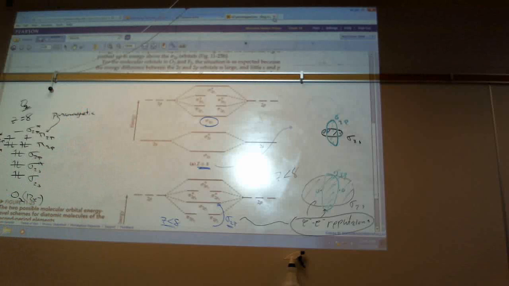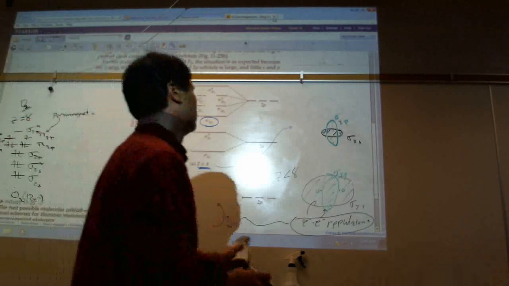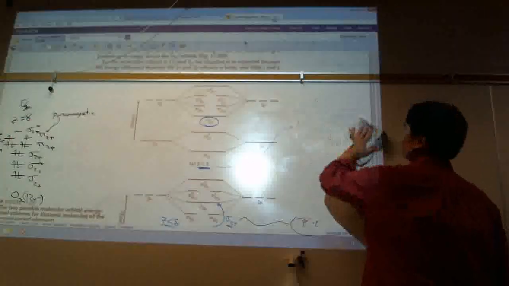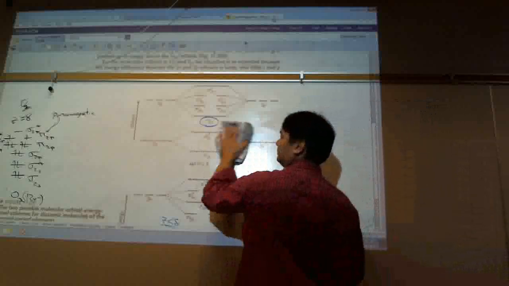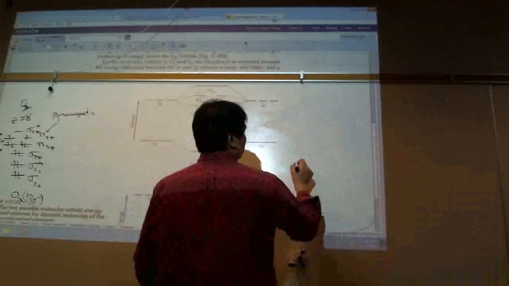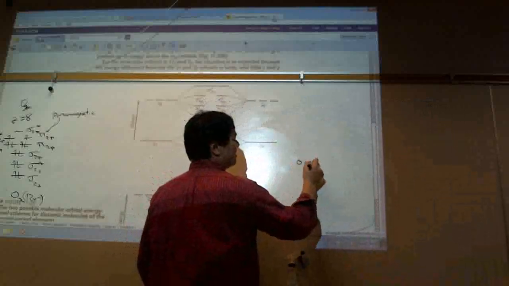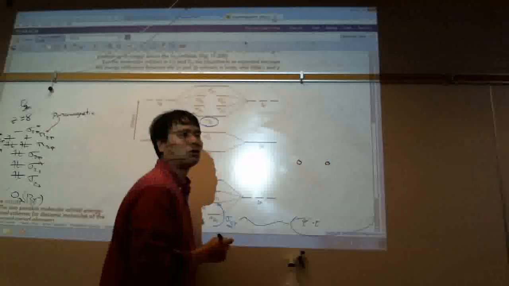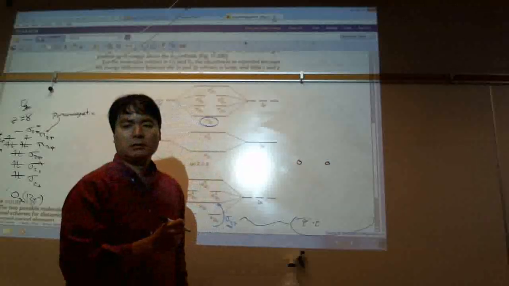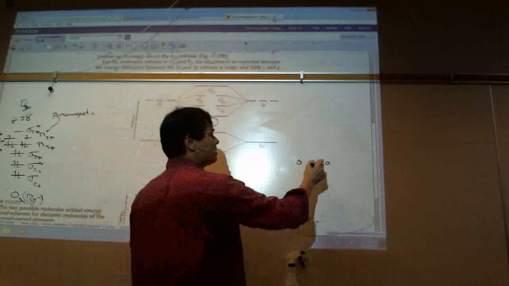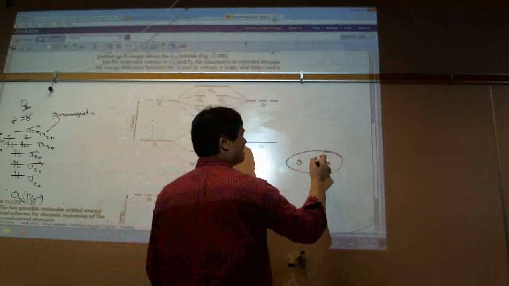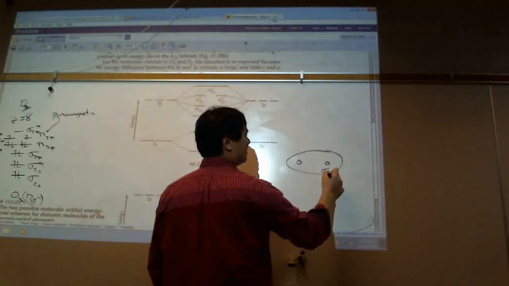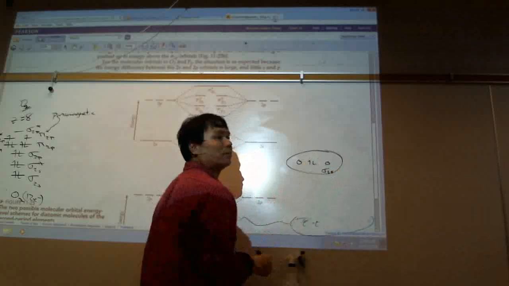And now let's draw the orbitals for O2. So we have an oxygen here and an oxygen here. What's the first orbital? Sigma 2s. Sigma 2s has 2 electrons.